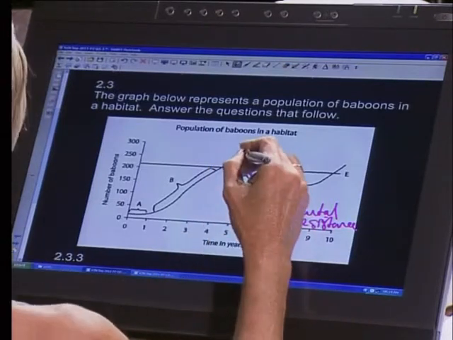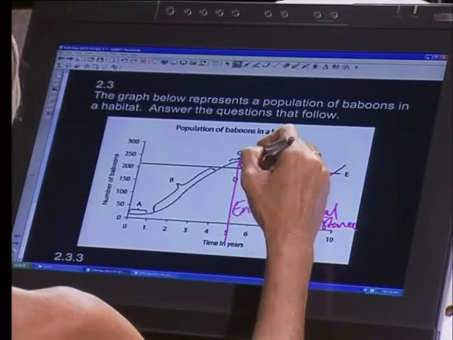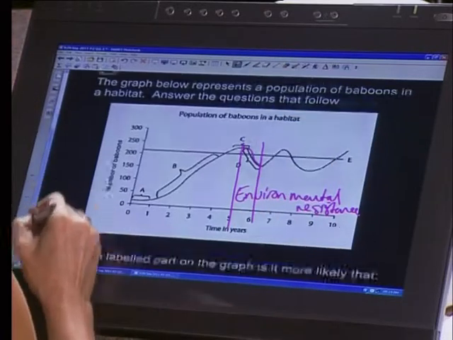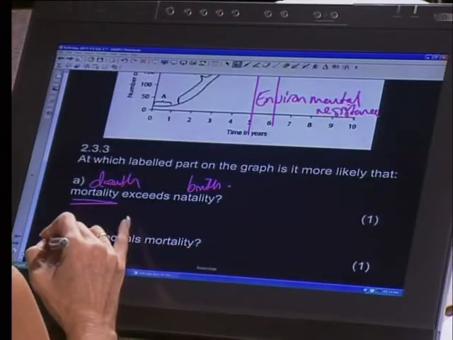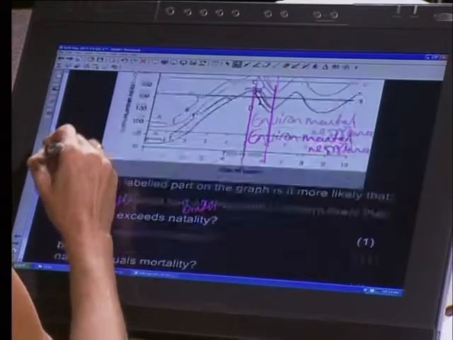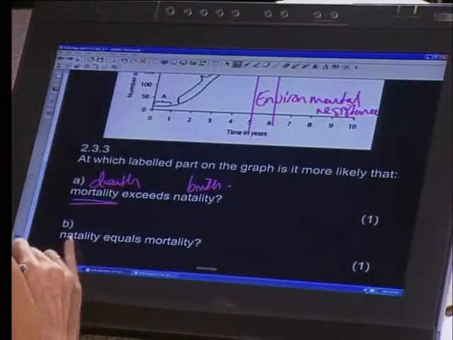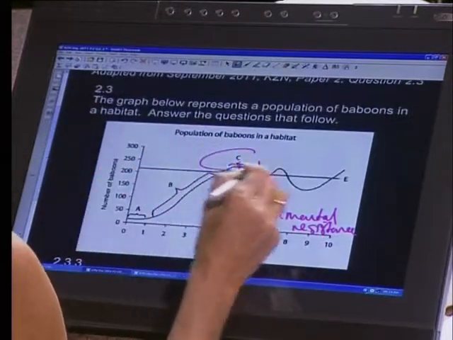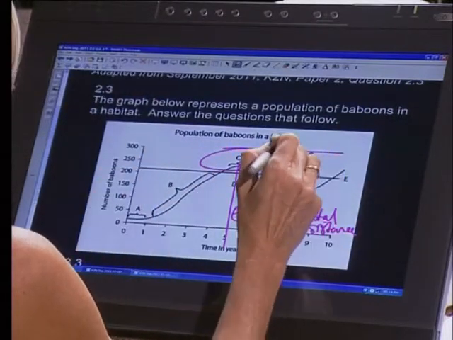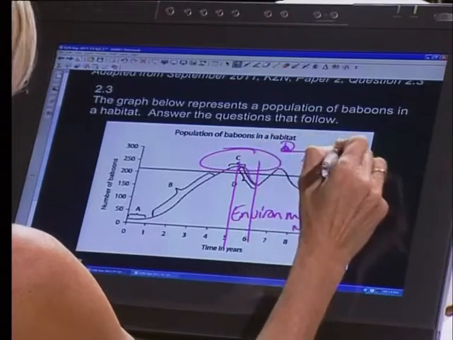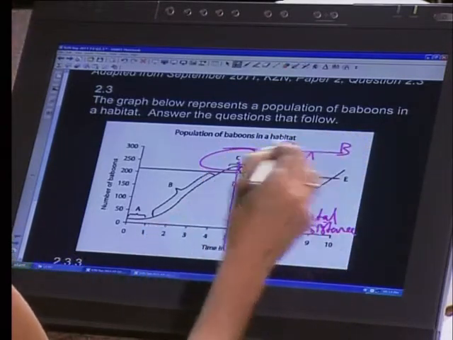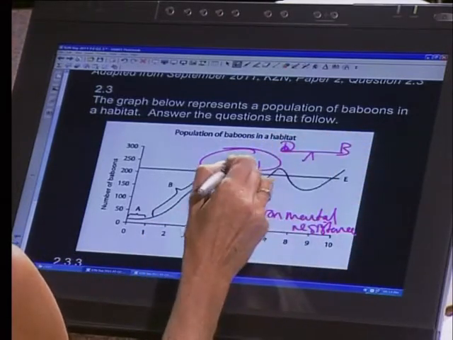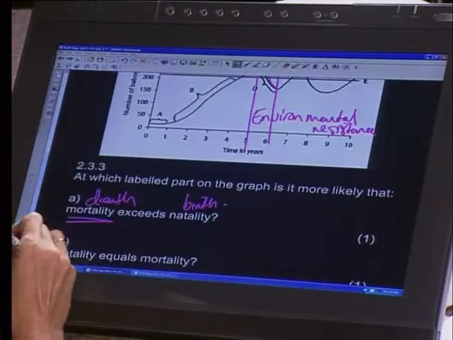So it would be from about 5 years to about 6 years, the death rate increased. And we labeled it D. All right, natality equals mortality. I told you that's when we have an equilibrium. It is a balance. So your death rate and your birth rate are balanced here, equilibrium phase.